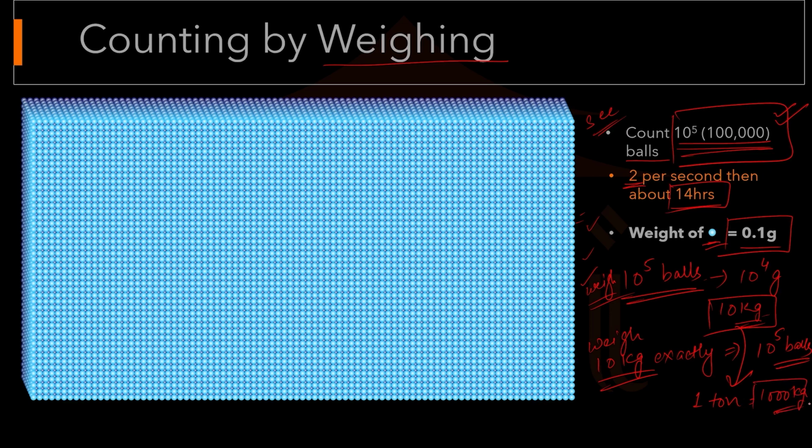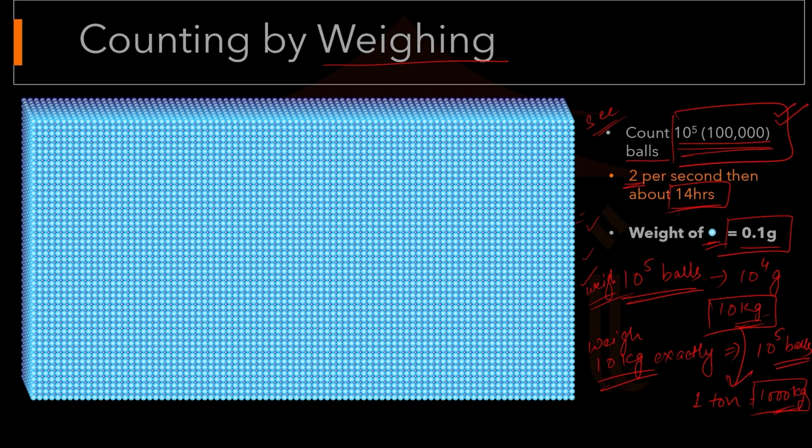You weigh 1000 kilos of these balls, then you will have 10 million balls, right? It's a simple thing. You just weigh one, weigh the bulk, and you will have the exact number of identical substance, whatever it may be.